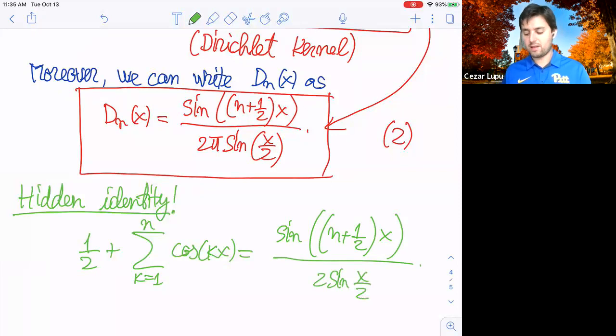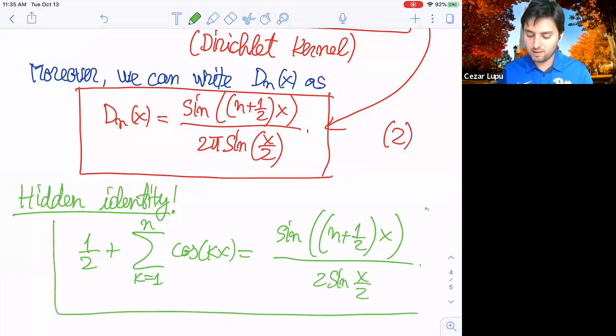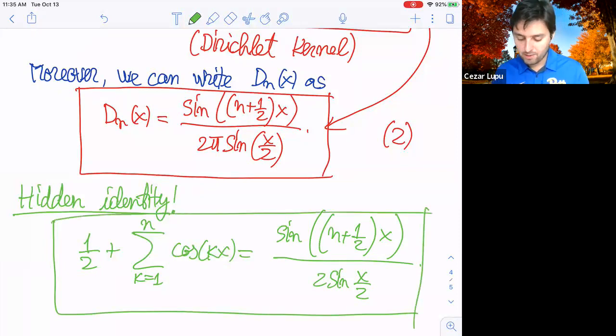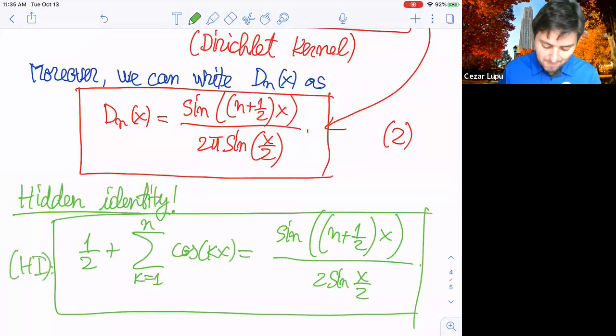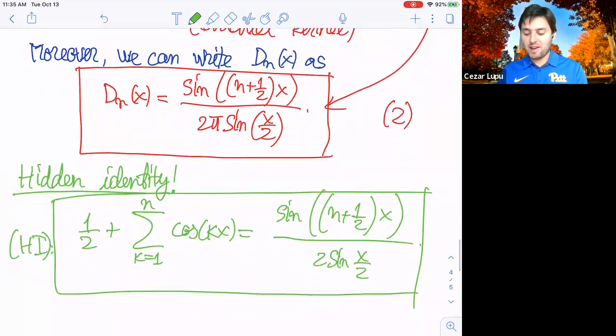That's why I was saying that some people don't like to put that pi over there. So let's keep this identity in mind. I'm going to denote this by HI, hidden identity. And guess what? This will be one of the ingredients that we will use for our computation of zeta of 2.